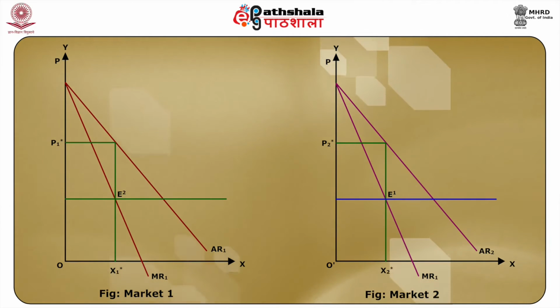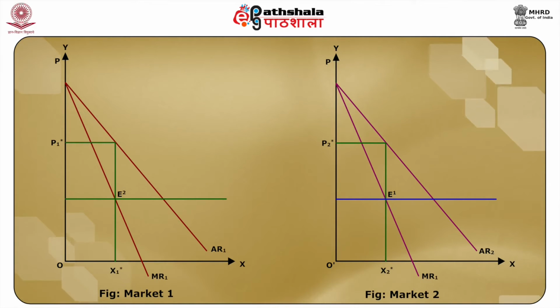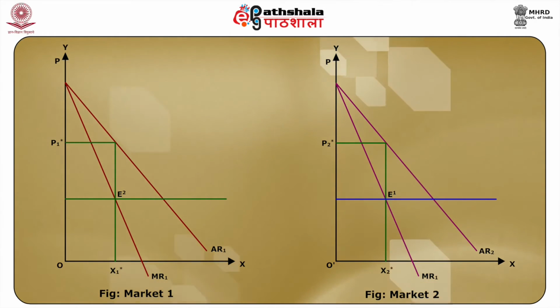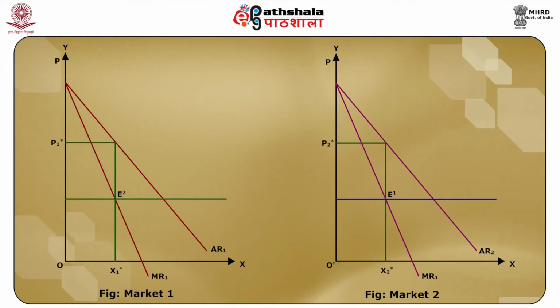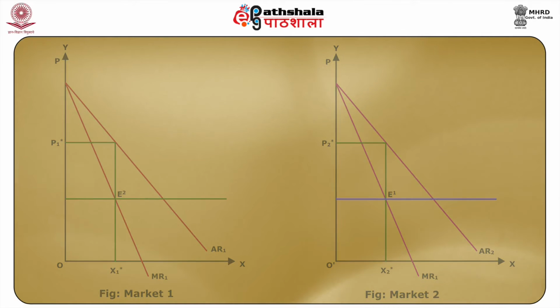Thus, the discriminating monopoly will sell X1 star amount of output in market 1 and X2 star amount of output in market 2 at price P1 star and P2 star respectively.